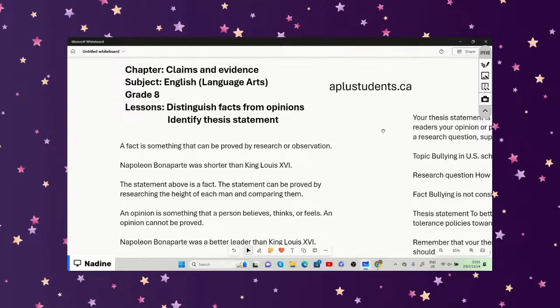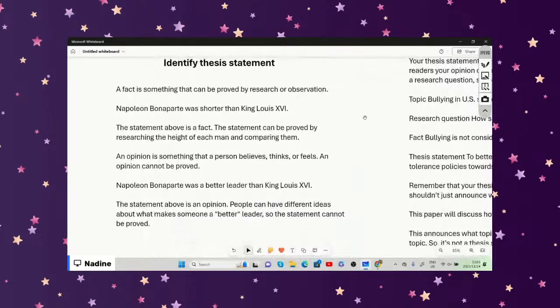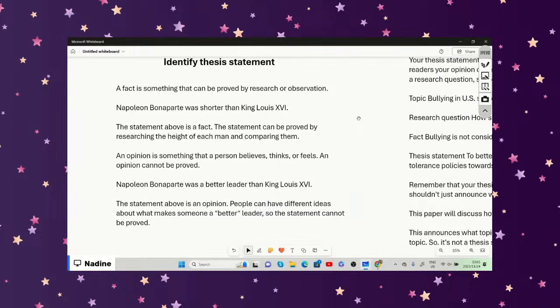All right, so when it comes to distinguishing facts from opinions, we need to know what facts are and what opinions are, and how we will be able to distinguish between the two.